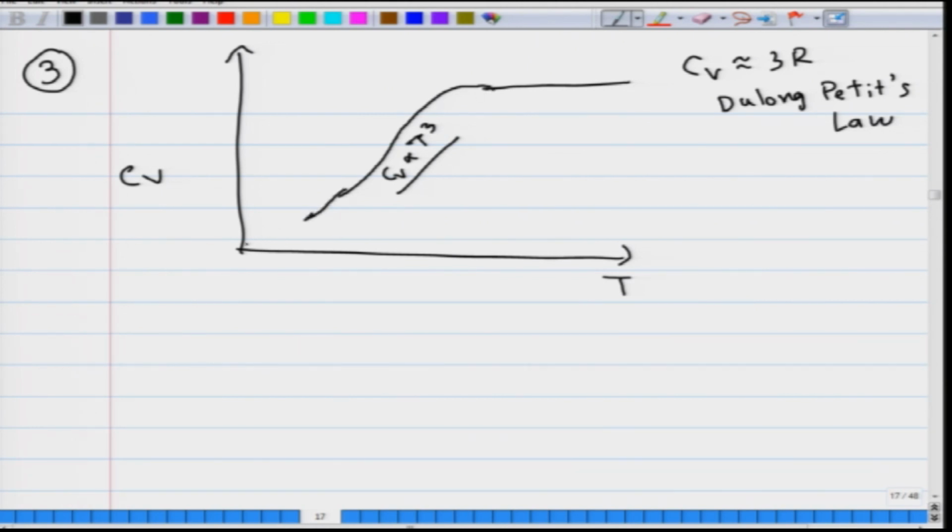At very low temperature, when the lattice vibration is switched off, we have the electronic contribution to the specific heat, and here Cv is proportional to T.